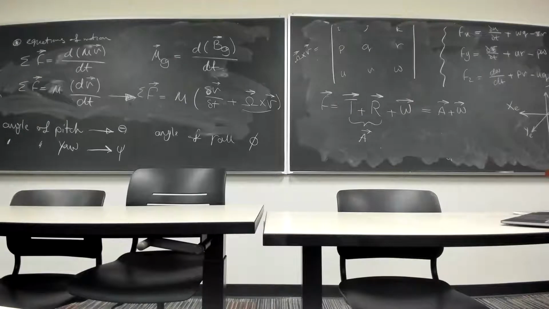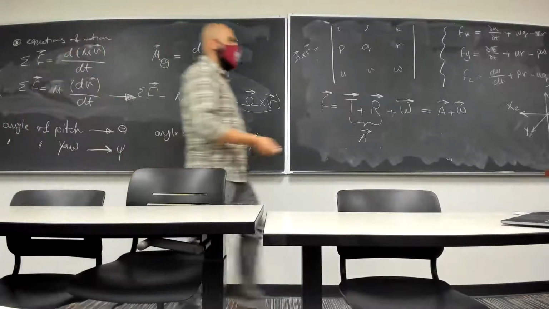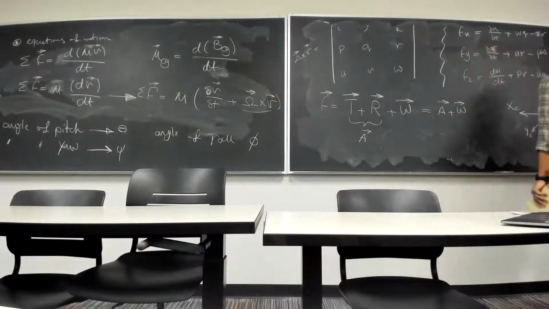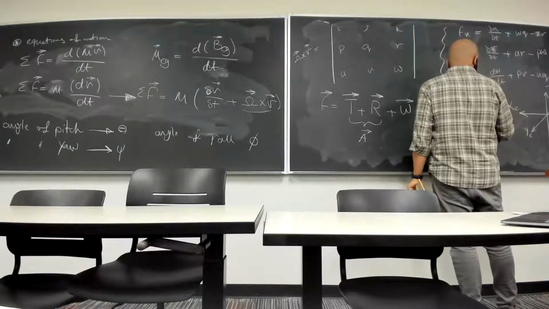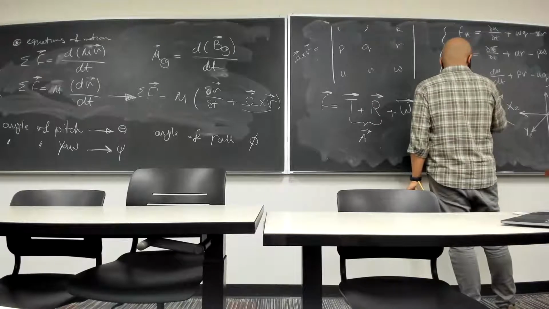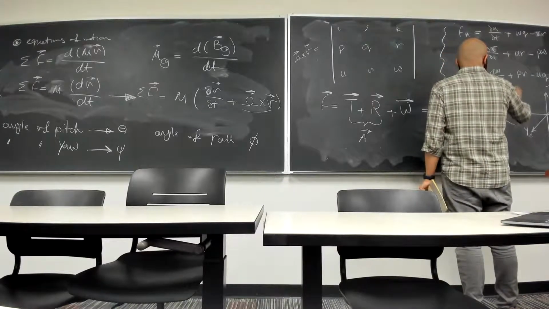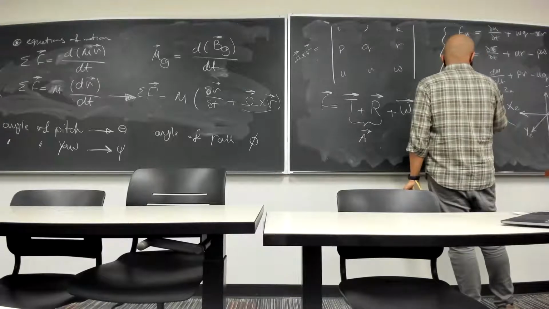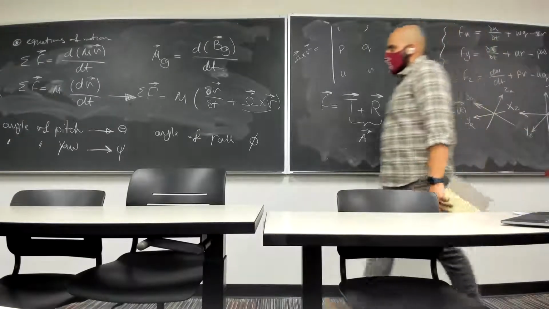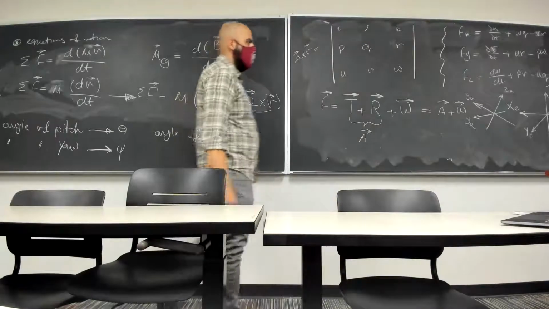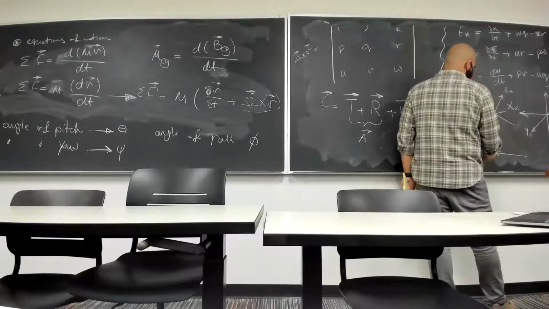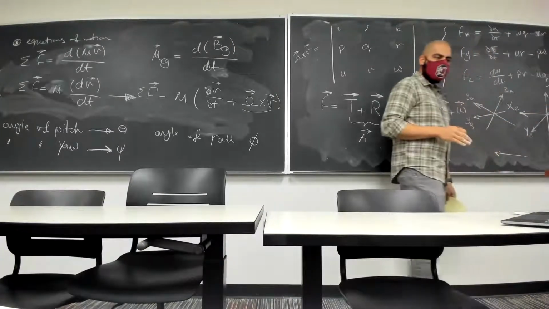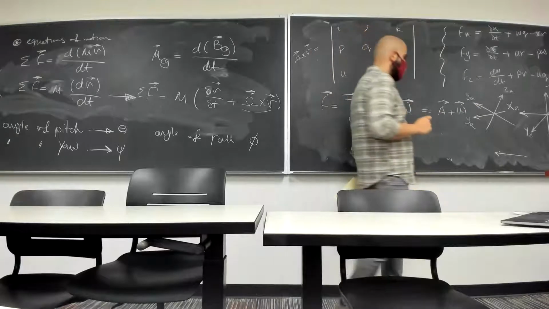We can have a frame of reference of Earth, we can have a frame of reference of the flight path, which can be at an angle, X of A, Z of A, and Y of A. And we can also have a frame of reference that is on the aircraft itself, in the direction of the chord length of the aircraft, if you will.